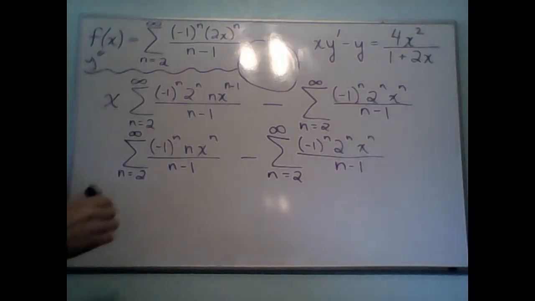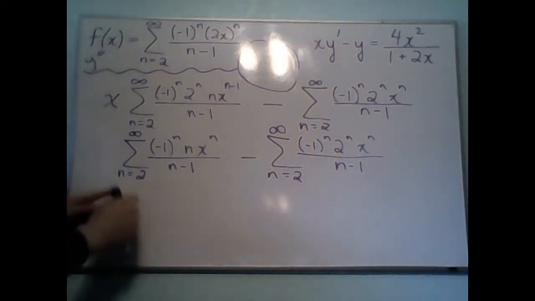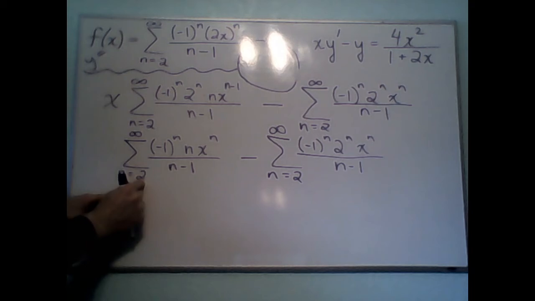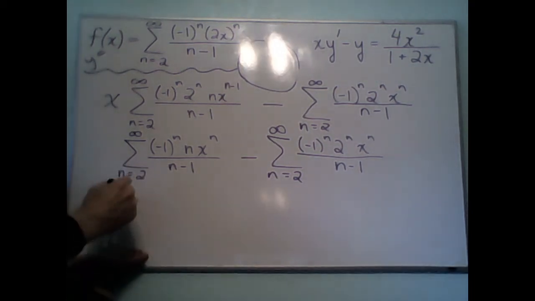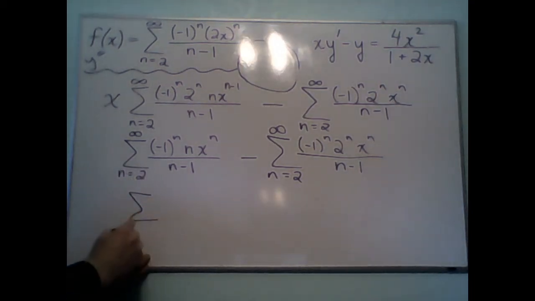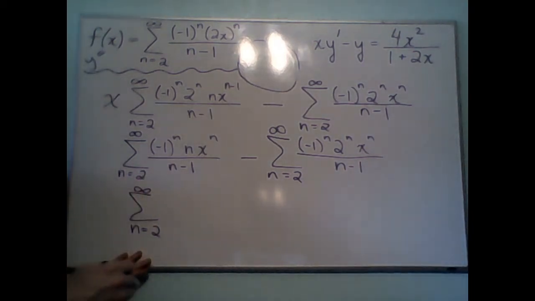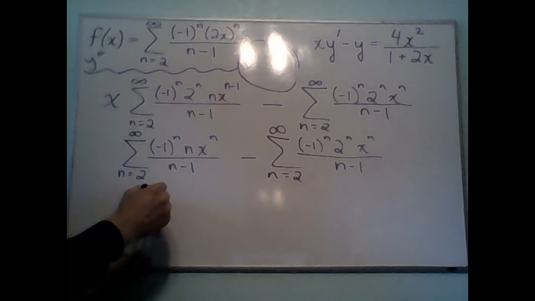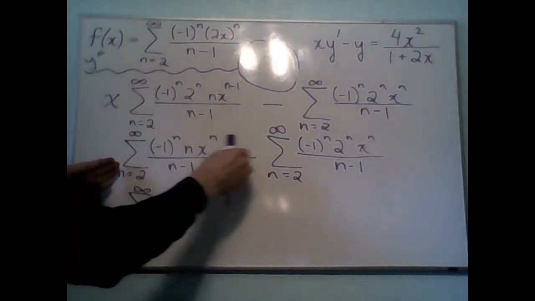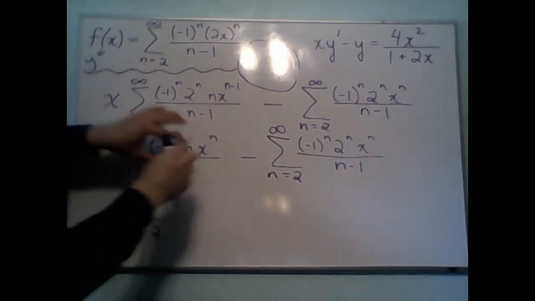And the beautiful thing now is that these x to the n's are matching. And also, I'm lucky, the sigmas are starting at the same place, both at n equals 2. So I can just merge these together and get not the sum of this minus the sum of that, but the sum of this minus that.